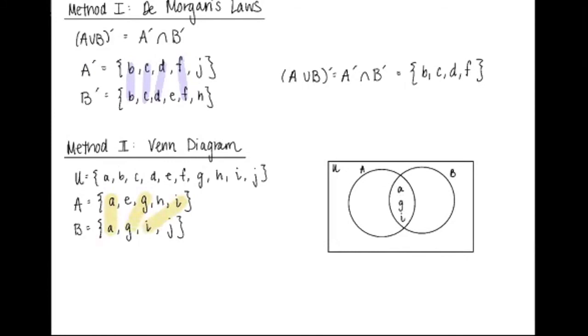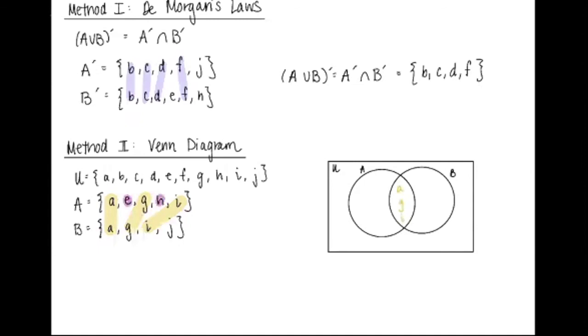Then what's unique to A is E and H. We'll color code these to make it a little easier for you. So A, G, and I are in the middle.